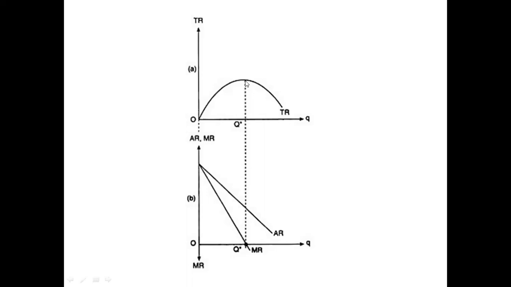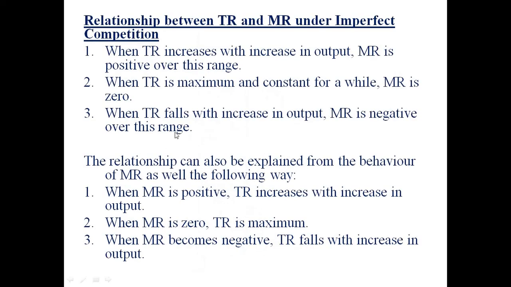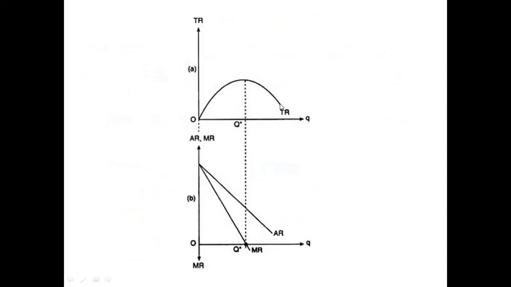And when TR is at its maximum, MR is 0. And when TR falls down, MR becomes negative. So the same thing has been explained out here. When TR is maximum, MR is 0, and when TR falls with increase in output, then MR will become negative.